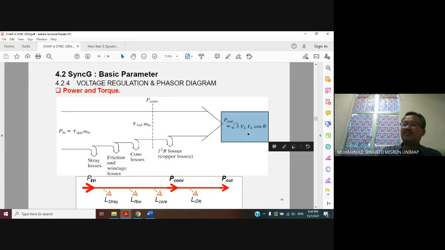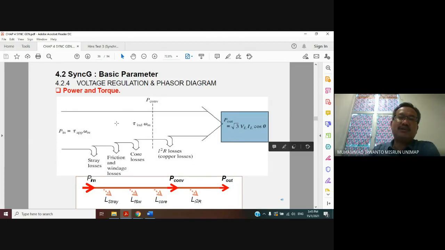If the Y connection, line current is equal to phase current, and line voltage is equal to square root of 3 multiplied by phase voltage. If the delta, line voltage equals phase voltage, and line current is equal to square root of 3 multiplied by phase current, ya. Betul ya? Cek balik. Okay, this one.